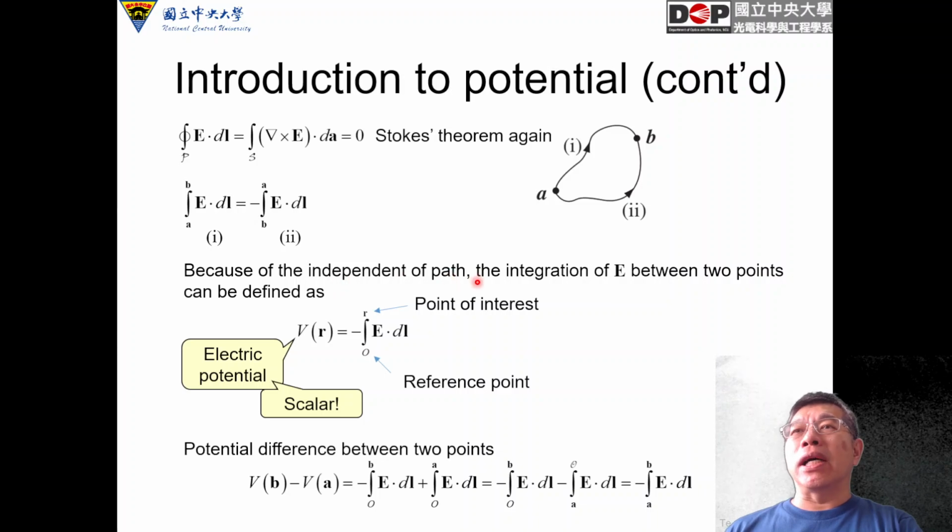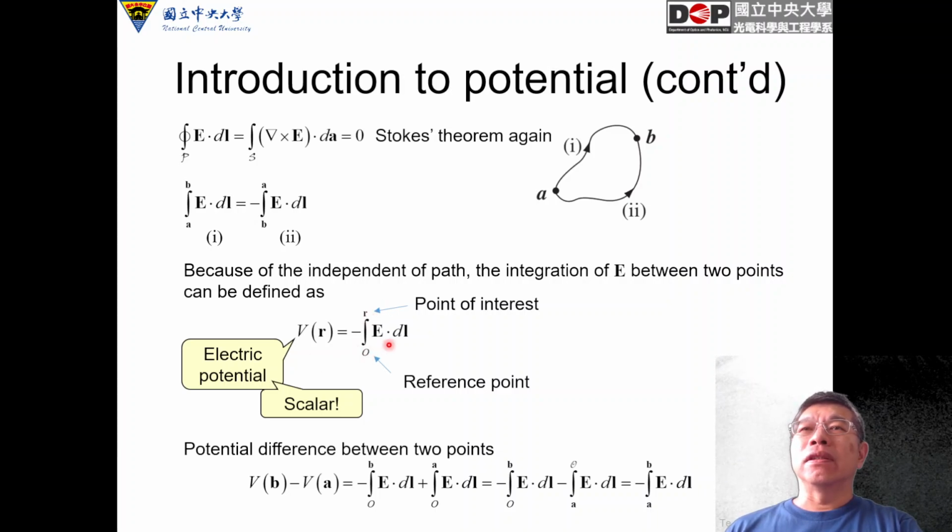Because of the independence of paths, the integration of the electric field between two points can be defined like this. We define the potential using two points: one is the reference point, the other is the point of interest, which has a location r. We define the electric potential as the integration of the electric field, taking the path integral from that reference point to the point of interest.